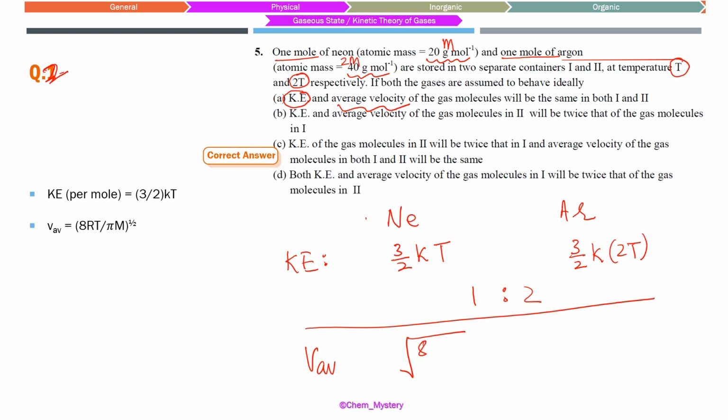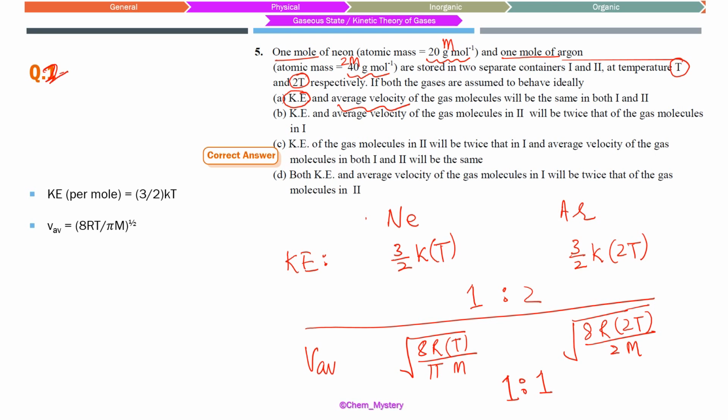So writing over here square root of 8RT divided by pi times m, that is for neon. For argon, this is going to be square root of 8R times 2T divided by pi times the molar mass 2m. So 2 and 2 are cancelling out. This ratio for the average velocity is going to be 1:1.